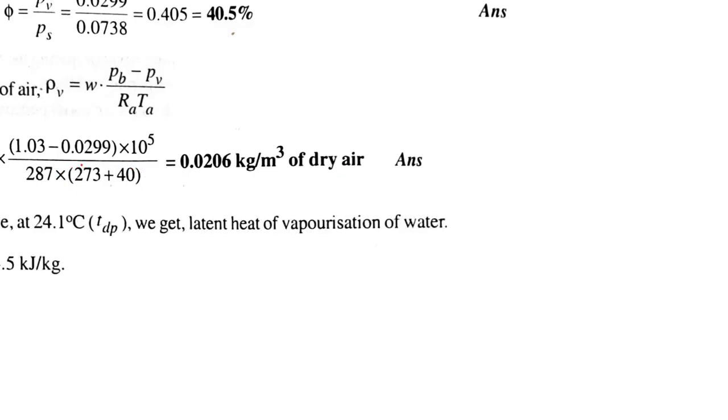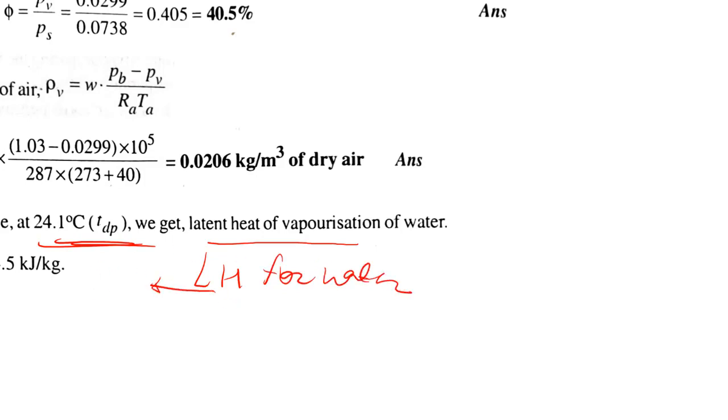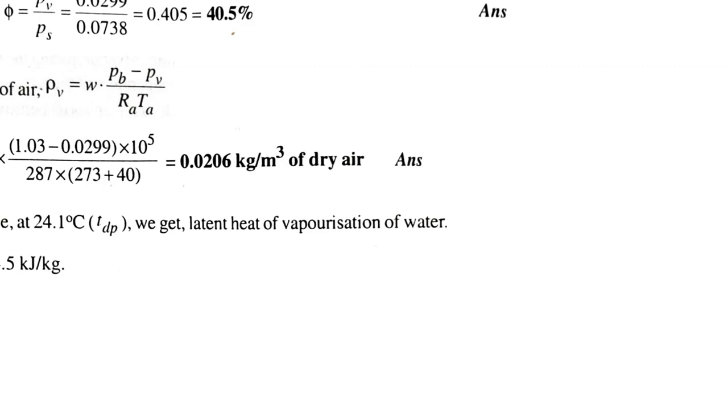Next, from the steam table, if we take TDP 24.1 degrees centigrade, we get the latent heat of vaporization, HFG, in the chart. Okay, so HFG for dew point is 244.5 kilojoule per kg.